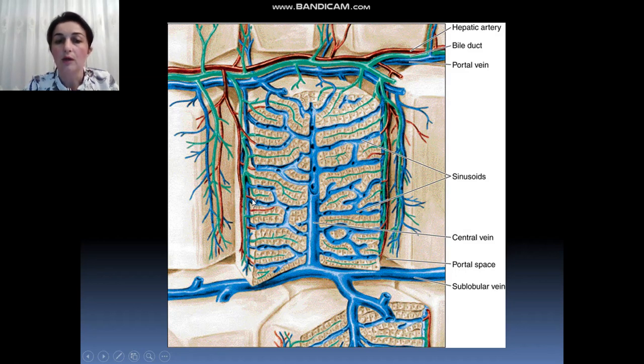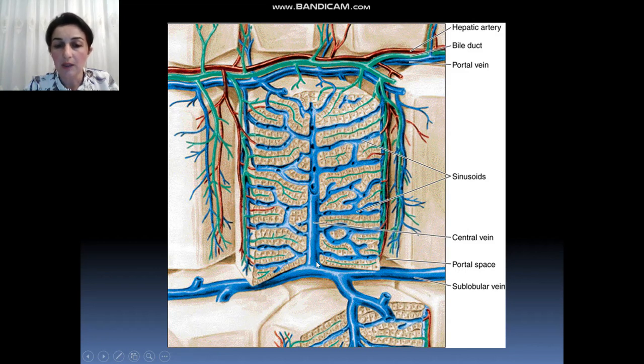Then these two vessels will fuse with each other at the periphery of the lobule and continue into sinusoidal capillaries. These sinusoidal capillaries will radiate towards the center of the lobule, and in the center we will see the central vein. So they will carry blood into the central vein.